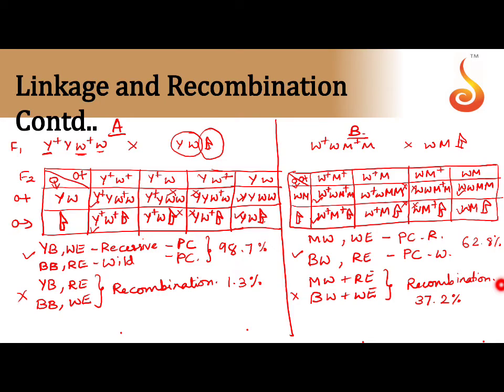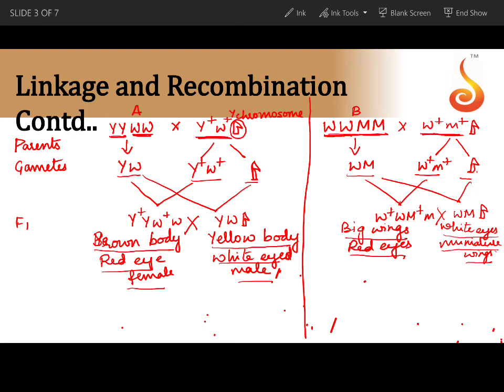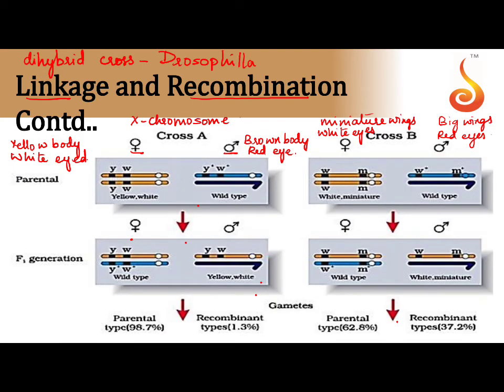Now, we come back to the chart and see how it looks. So, this is the chart, if you remember. In the first case, we saw 98.7% parental type. So, 98.7%, what was it? Parental combination. And look at the distance between the two genes.